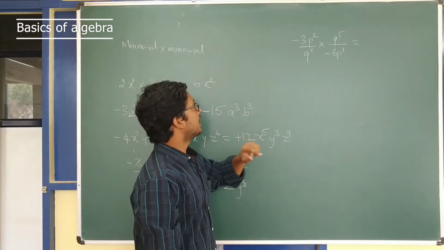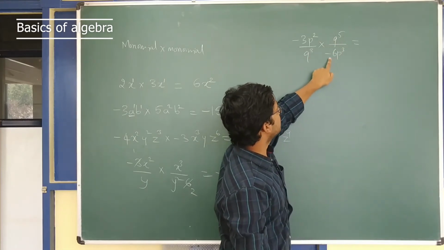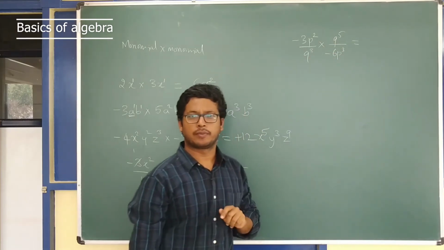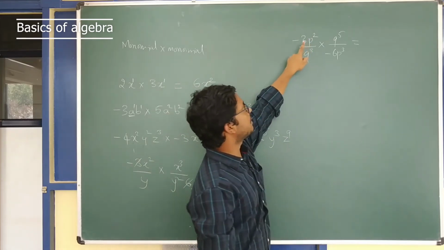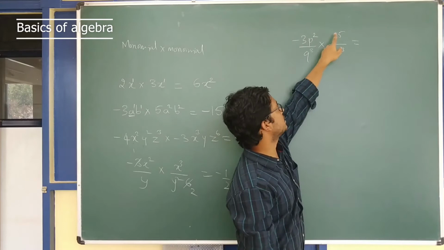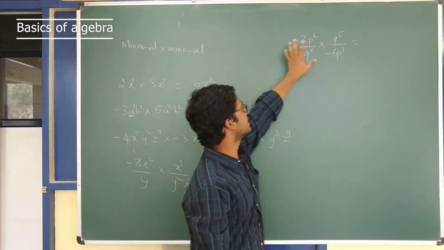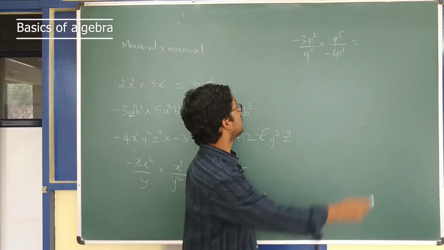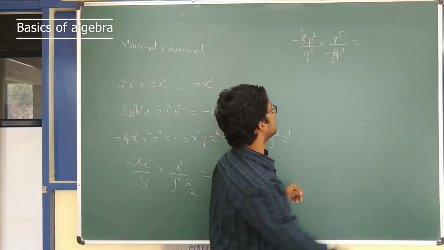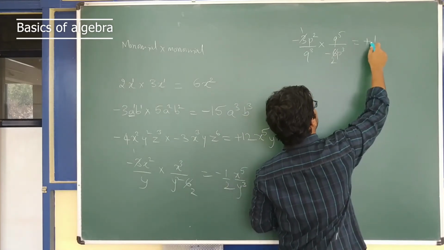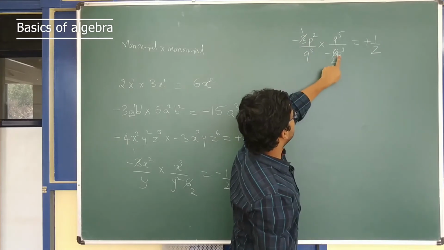Let us take another example, minus 3p square by q cube into q raised to 5 divided by minus 6p cube. Again, this is a monomial because they are all separated by multiplication and division. Here also it is a monomial. So we are still multiplying monomial by monomial. As I said, first simplify numerical term. So it becomes 1s are 2s are, and minus divided by minus will now become plus 1 by 2. We have p square here and p cube here.